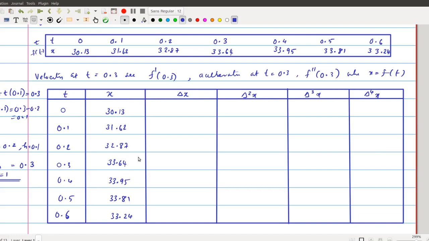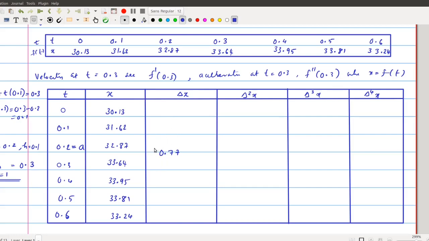Now we complete this table. Because this is our a, we need to get del f of a, del square f of a, del cube f of a. You are not bothering about these other values. Del f of a will be 0.77, you can write these things, but we are not going to use those values.